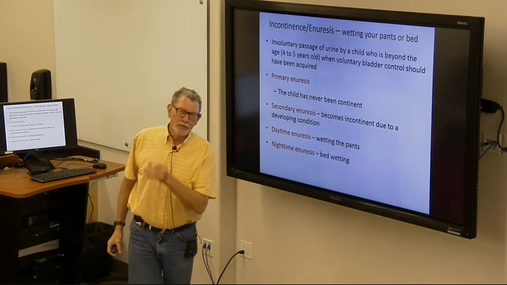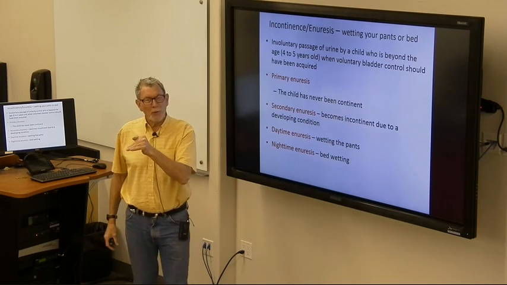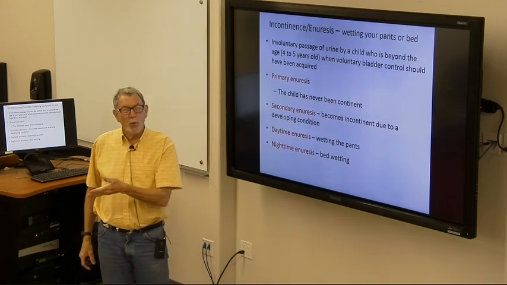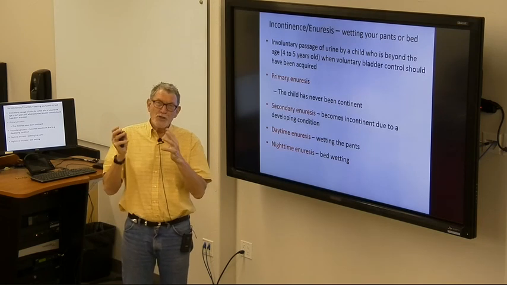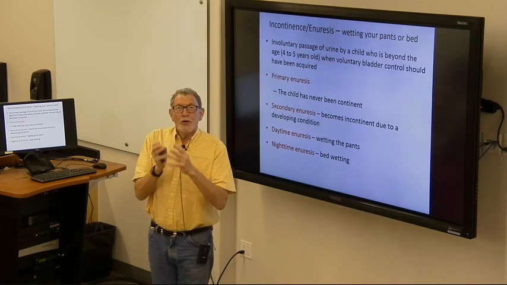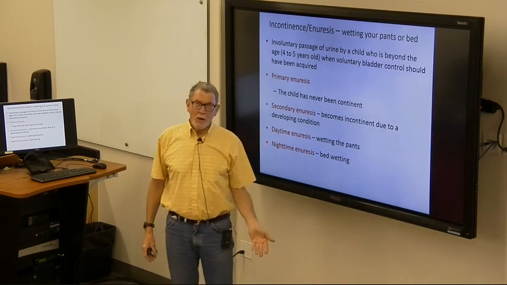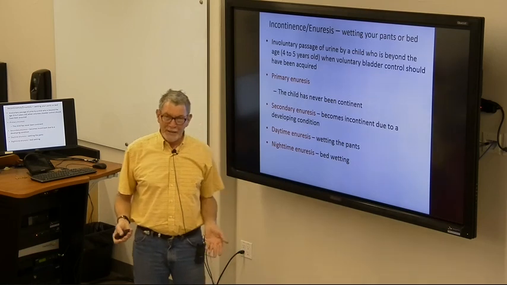Really old people, it's a structural problem usually. Their sphincters aren't powerful enough to keep them from peeing anymore. Their bladder is not as stretchy as it used to be, so it doesn't hold as much as it used to. And so incontinence among the elderly is quite common, and they might have to wear Depends or something like that.